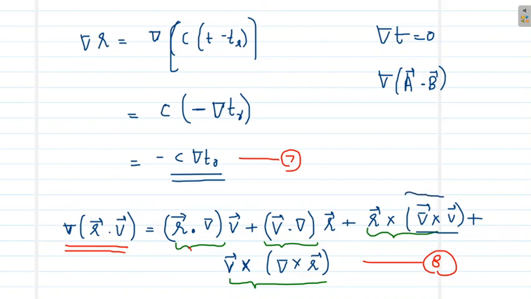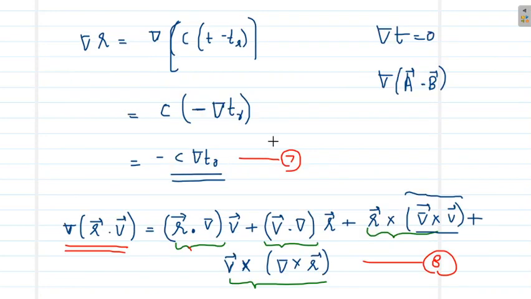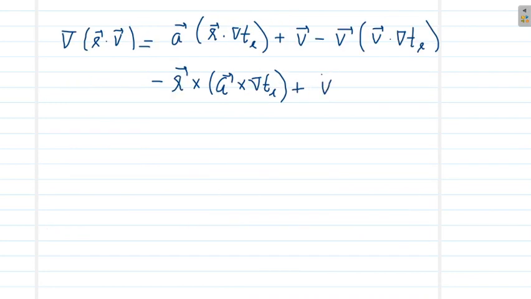Equation number 8c just gives us del cross v bar, so we will have to write r bar cross a bar cross del tr, plus the last term, which is v bar cross del cross r bar. So v bar cross del tr is the last term. So this is our expression for del of r bar dot v bar.